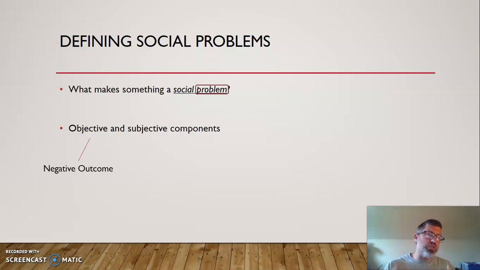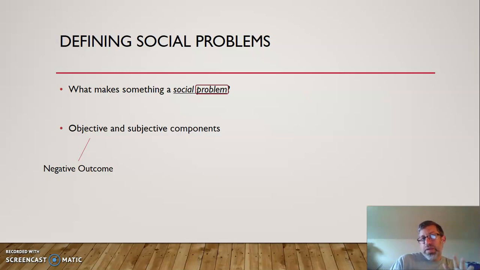The objective component is that real people's lives are, in a very real and material way, negatively affected. To speak of the objective component of a social problem is to look at it as something that produces a negative outcome. It has real negative consequences, and not just for one or two people, but for lots of people in a particular society. It imposes some harm on people.